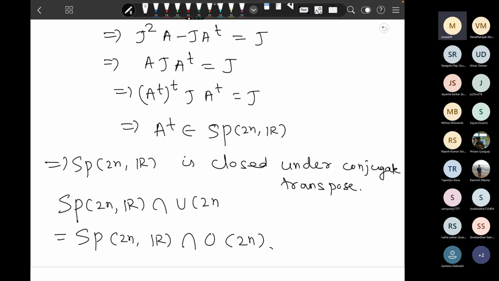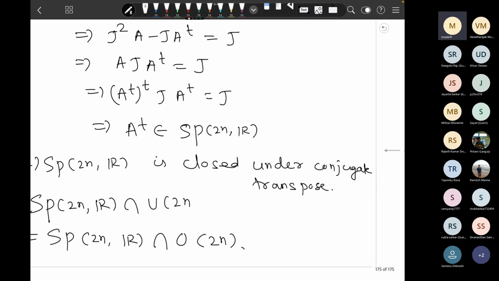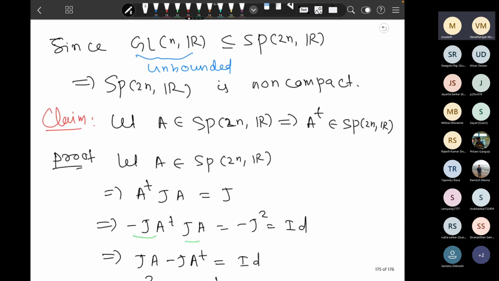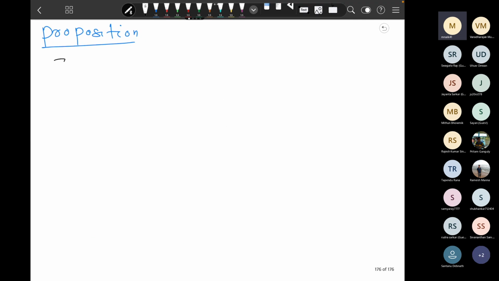Okay, so now I want to prove a proposition. Sp2n(R) intersection O2n is equal to Un.